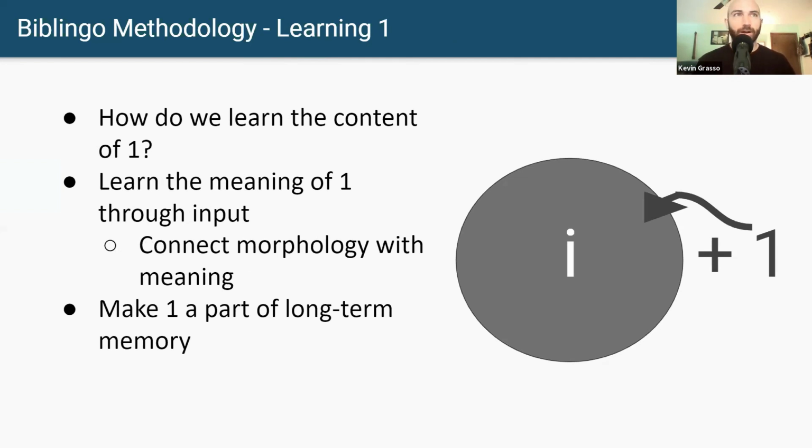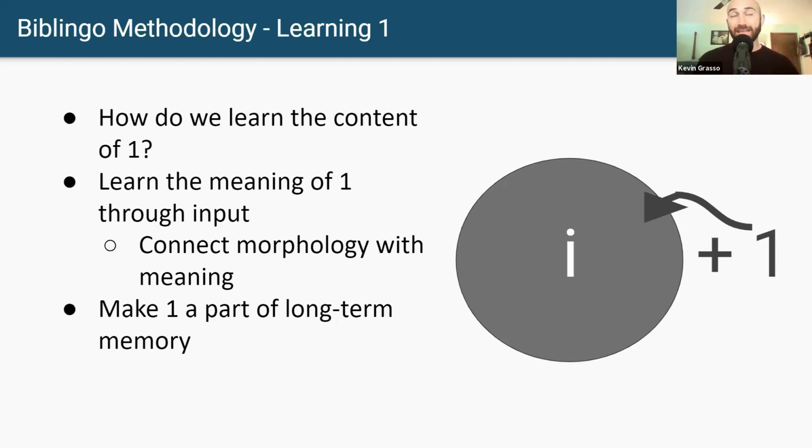We are talking about the form, but we're specifically connecting that form with its meaning. You haven't really learned a new grammatical form if you just know how to parse it. You have to know what that form means. So we're connecting morphology with meaning.